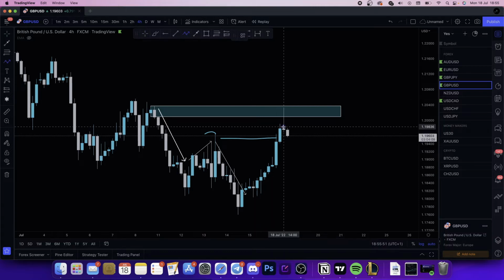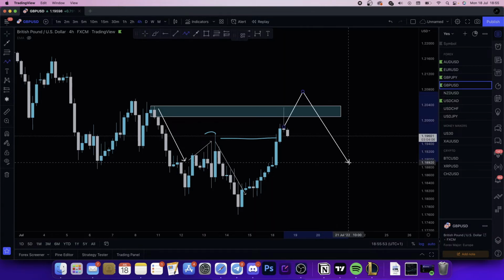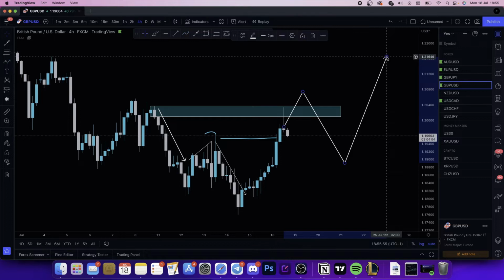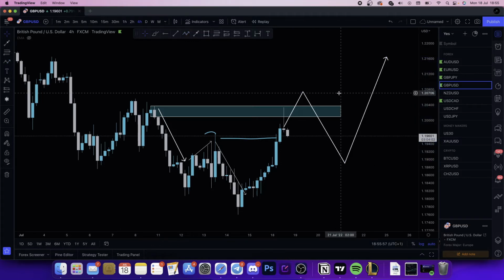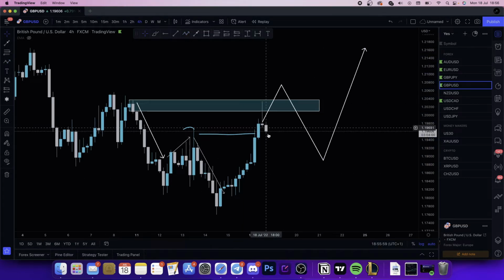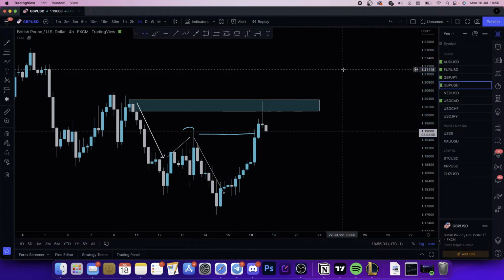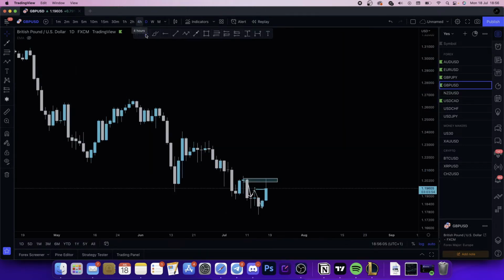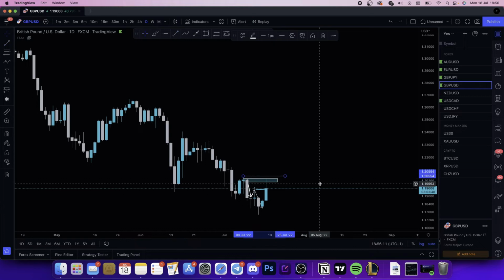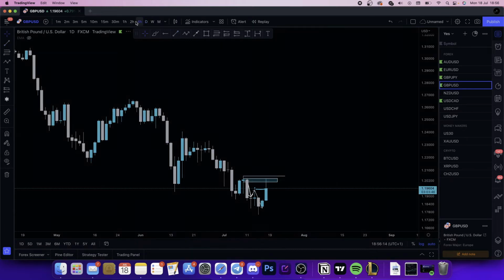The only time price would be invalidated is if price did this, broke above that high, and created a new high. Then if it just makes a new low and then makes a new high, we'd be looking for longs on the 4-hour chart. On the daily, we would also be looking for potential longs as we have bullish intent after we break this high. So this is how we're looking at the charts.